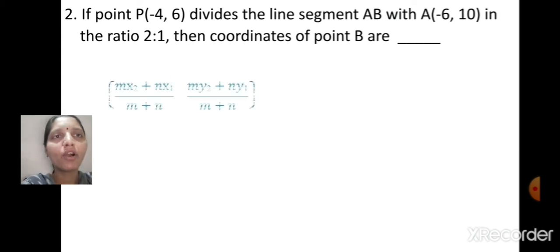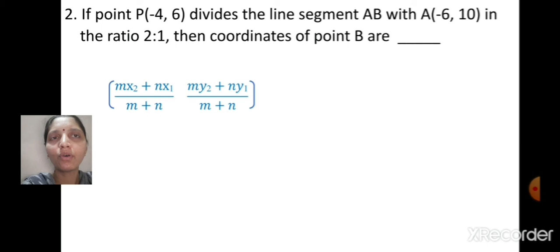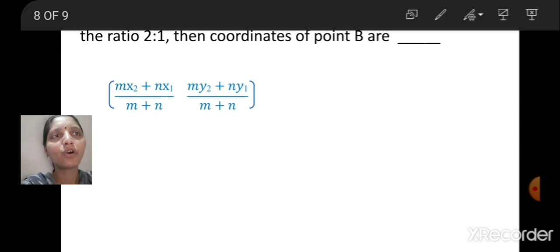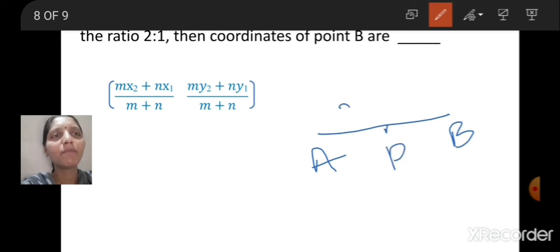Accordingly you will use the section formula, that is (mx2 + nx1)/(m + n) and (my2 + ny1)/(m + n). Okay, so first you have to draw the diagram here. This is segment AB and this point P divides this segment in the ratio 2:1.